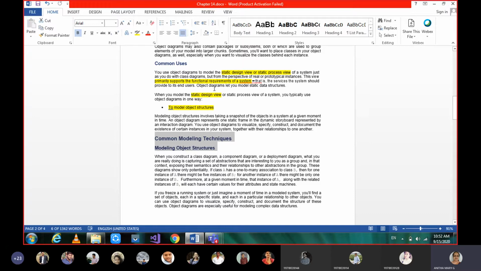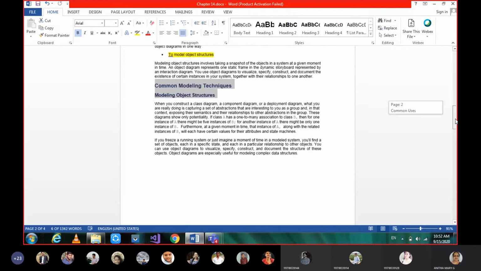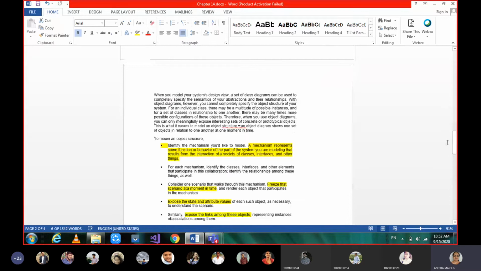All the terminology and concepts from the first part of the chapter, the application of those to some example we'll be studying under common modeling techniques. So now the second part is about common modeling techniques. Under that we have only one, modeling object structure. Let's see the example of this.